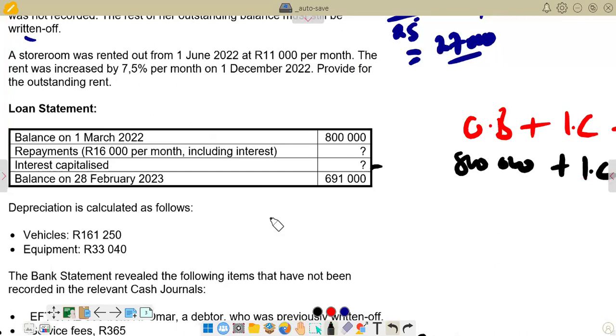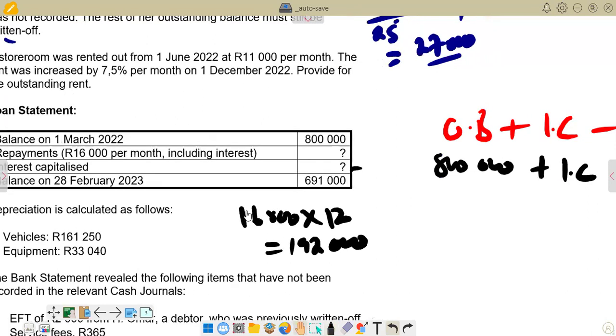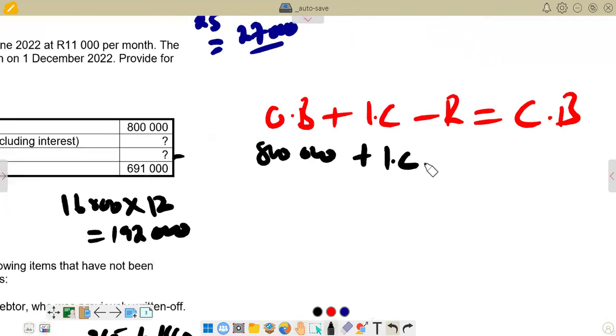So for 12 months, we are going to say 16,000 times 12, which gives 192,000. Having the repayments, we substitute into the formula, and then you get your closing balance, which is 691,000.